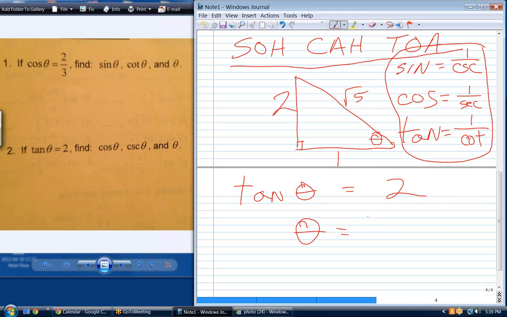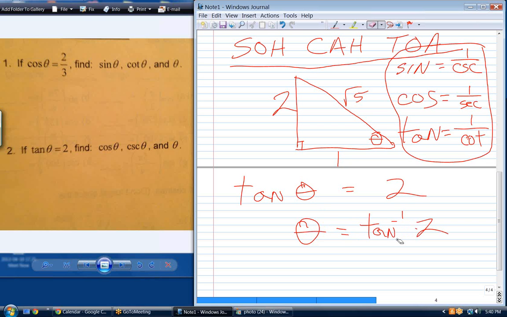It's called either the inverse tangent or the arc tangent. That's how you read it. Inverse tan or arc tan. And your calculator has an inverse tangent button on it. So you can look up the inverse tangent of 2 right now, and it'll give you an angle.